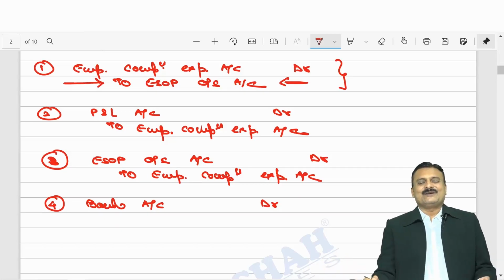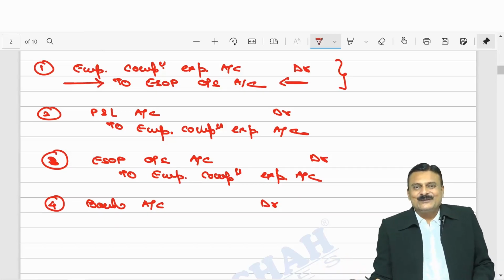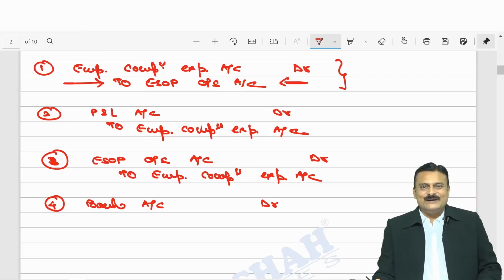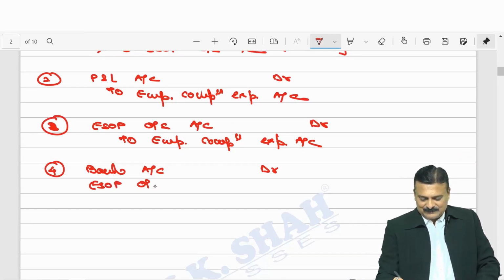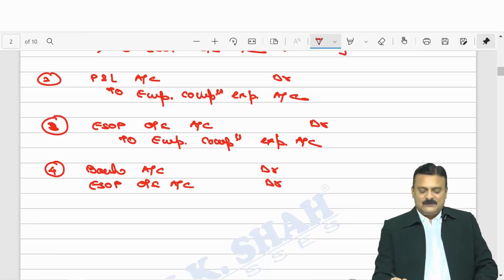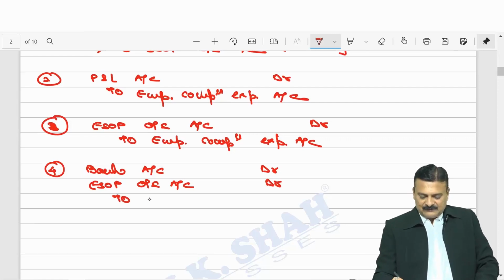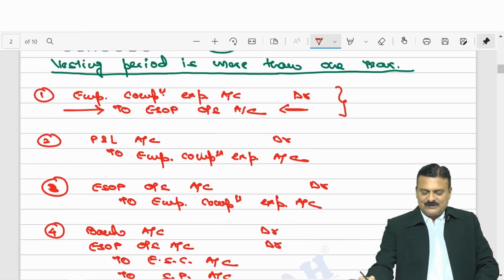We are allotting them shares. So ESOP outstanding should get closed. The one which was credited in the first entry will now be debited. So ESOP outstanding account debit to, we are issuing them shares, so to equity share capital with the face value, and to securities premium if the shares are issued at a premium.